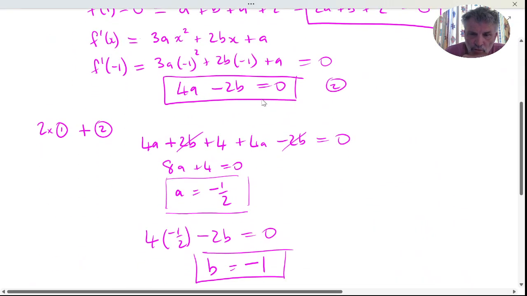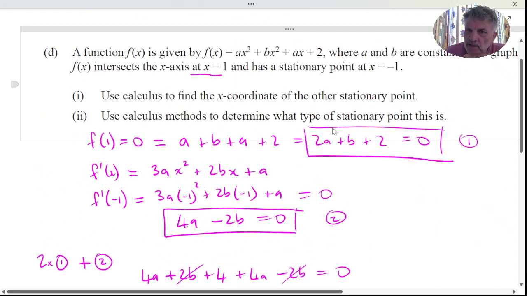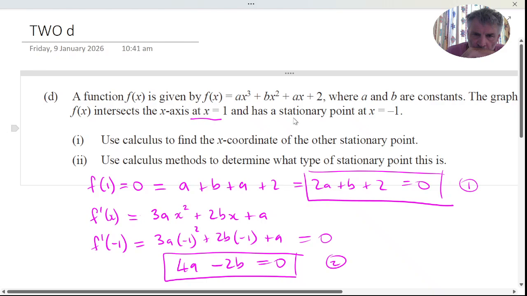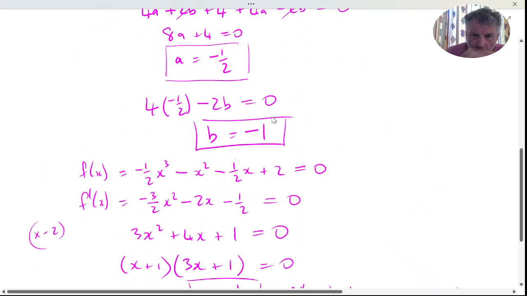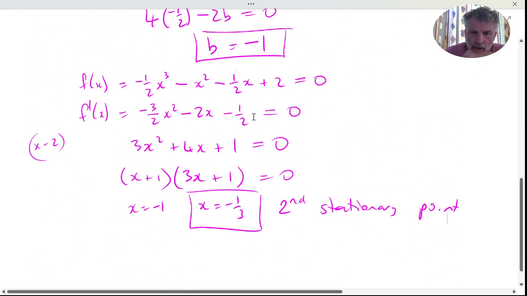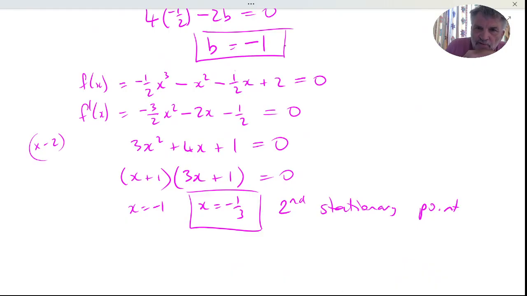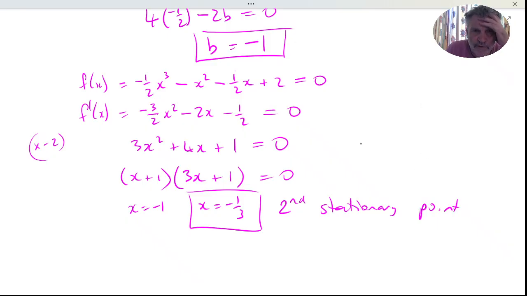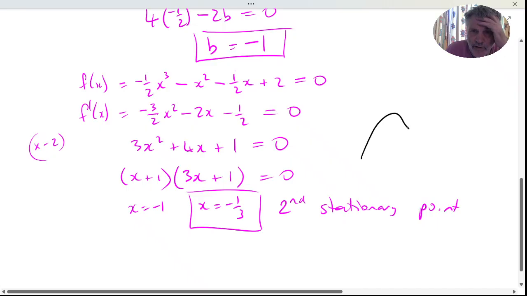It just says the x coordinates, so we've done enough. And then it says use a calculus method to determine what type of stationary point this is. We've done this a number of times already in this exam, but we've got here a cubic that goes like this.